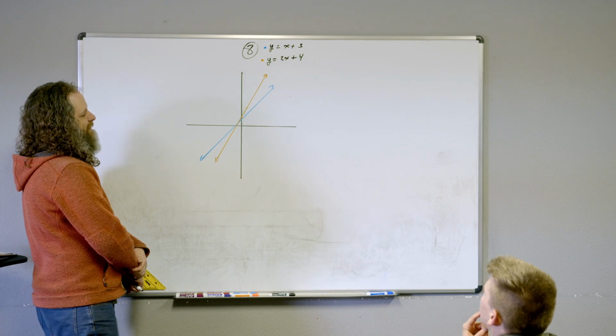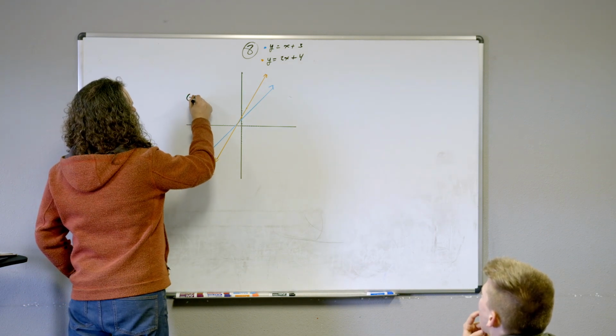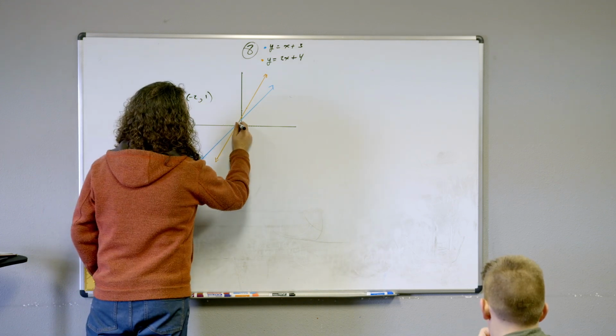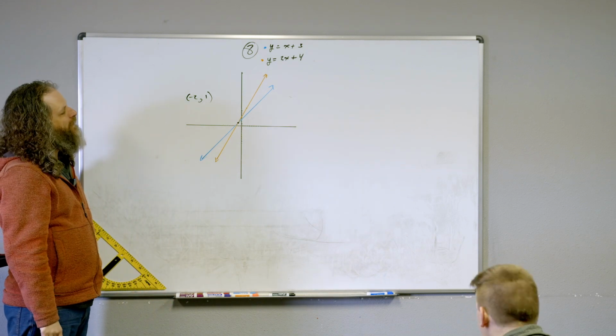On my graph, it kind of looks like it's -2, 1. But I don't know, which is why this is a stupid way to solve this.